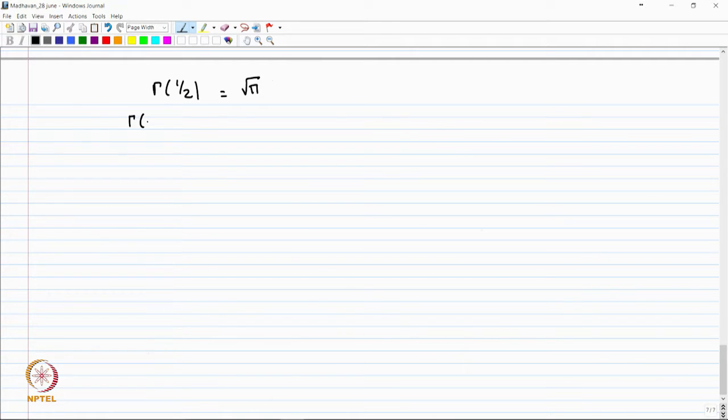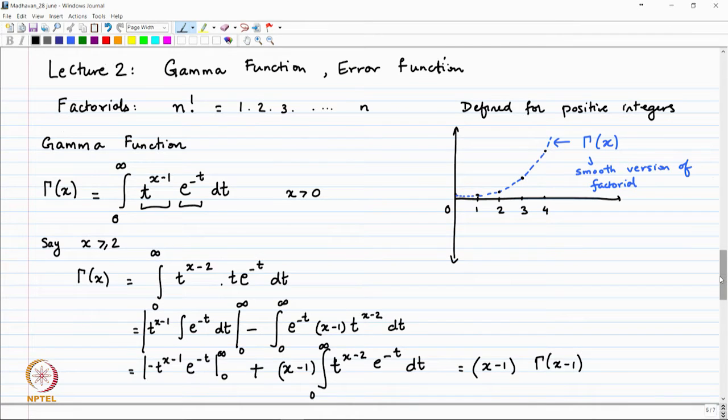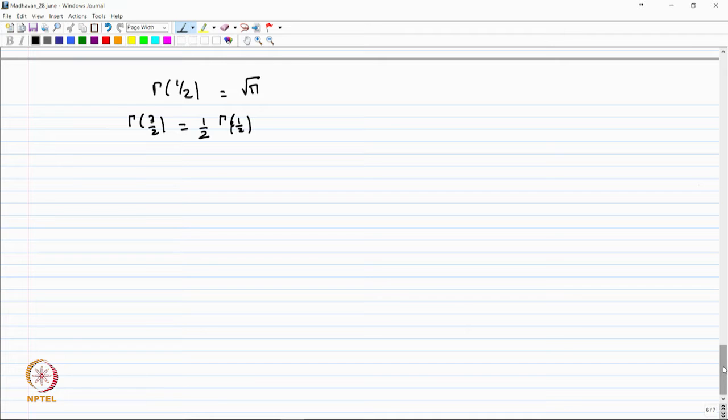Now gamma function of 3 by 2 is equal to half gamma function of half. This is from the last expression that we saw. We saw that gamma function of x is x minus 1 times gamma function of x minus 1. So gamma function of 3 halves will be half times gamma function of half, and so this is half root pi.